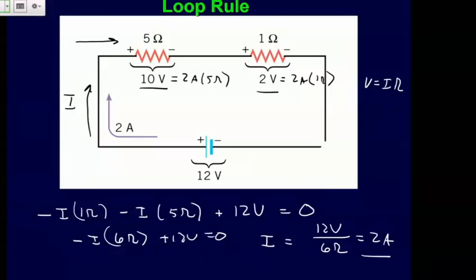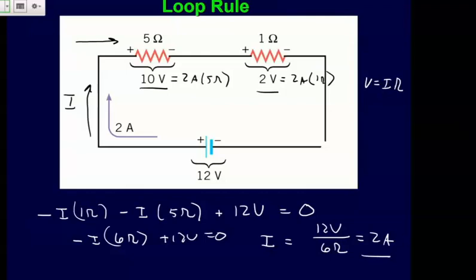You could have started anywhere on the loop. I usually start over here or here, but you could start anywhere you want, as long as wherever you start, you come back to that same point. So it's super flexible, and you don't have to follow the current. Once you draw the current, that determines these positives and negatives here. Because I knew the current was going this way, I could have gone this way, and then this would have been positive, that would have been negative.